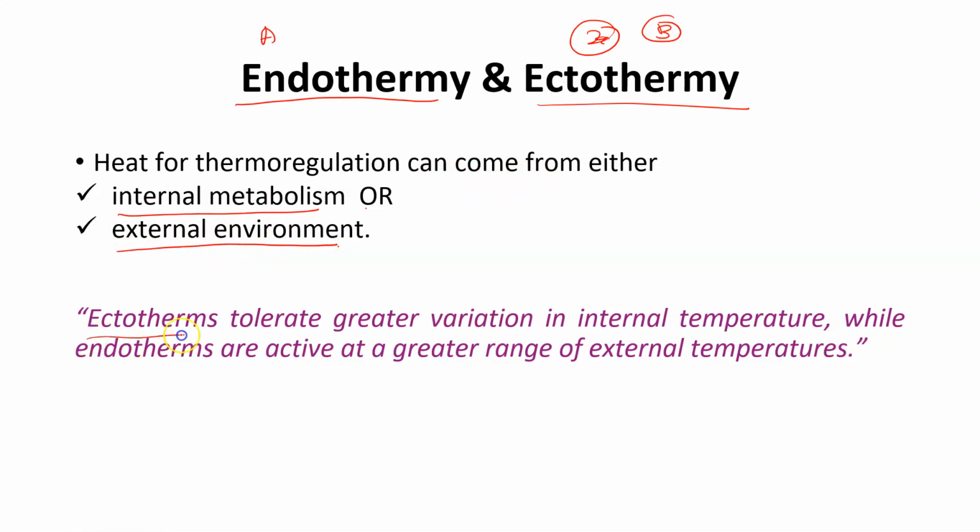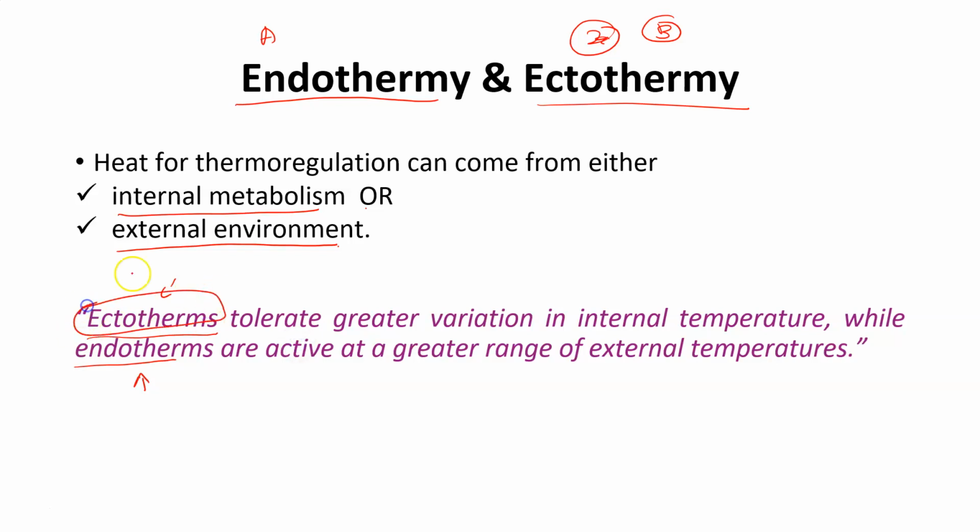Okay, so ectotherms tolerate greater variation in internal temperature, while endotherms are more active at a greater range of external temperature. What are ectotherms and endotherms? These are animals that we group based on how they generate and maintain their normal body temperature.